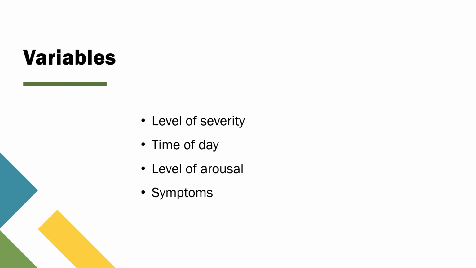They'll have different levels of arousal, and that can change from hour to hour, whether they're more active during one part of the day or more drowsy or have a better cognitive function during a certain time and then wax and wane, and then they won't be able to follow commands at another time.